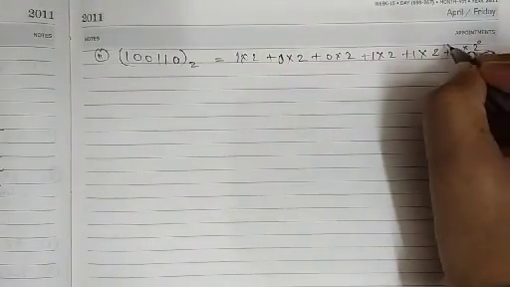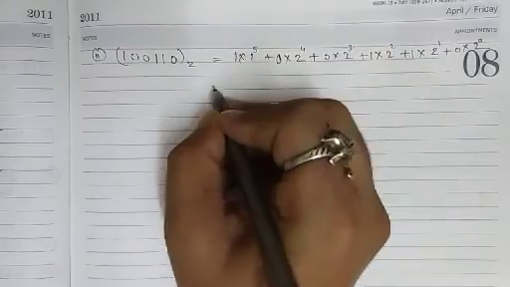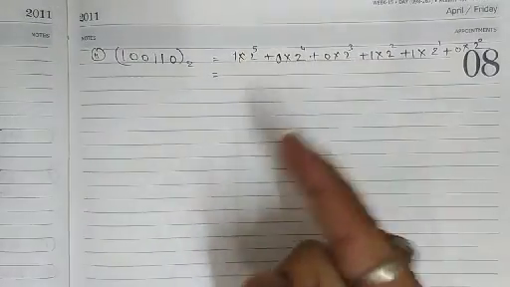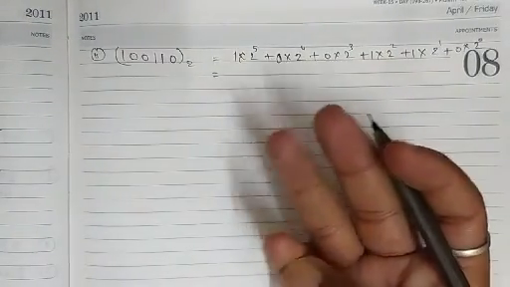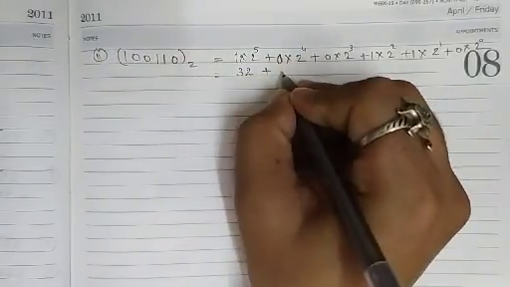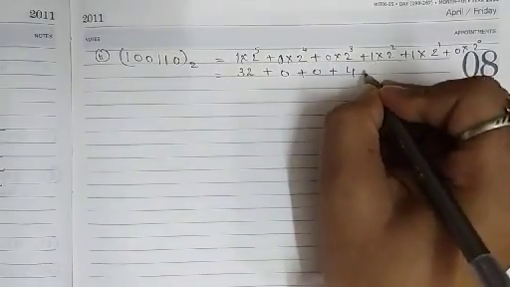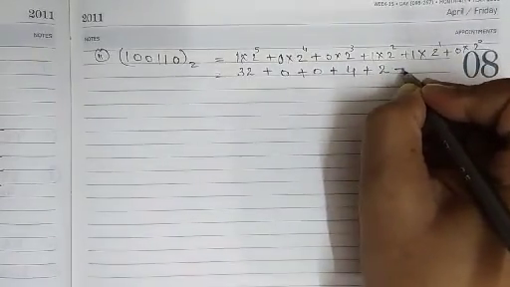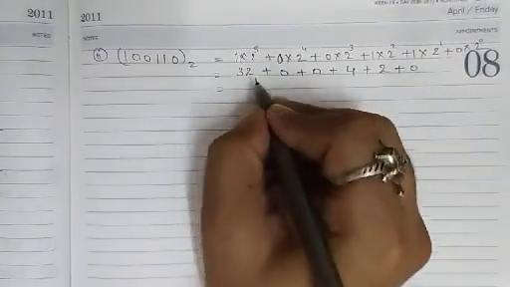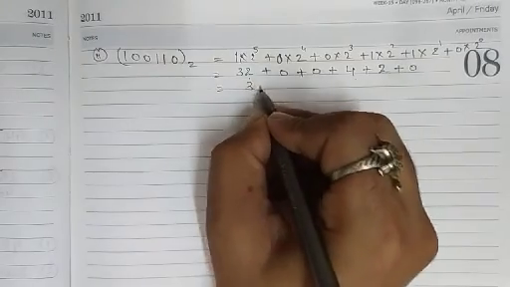We have to put the power 0, 1, 2, 3, 4, 5. 2 to the 5 is 32. Here 0, 0, 2 to the power 2 is 4, 2 ones are 2, 0. 32 plus 6, 38 is the answer.